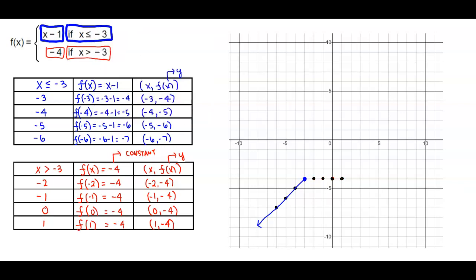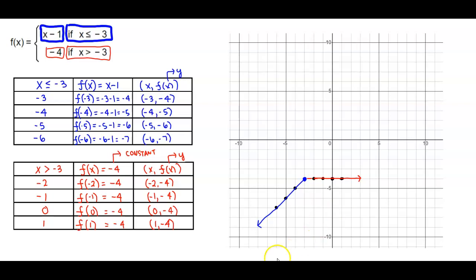Keep in mind that for this graph, it's not going to contain the value of negative 3, but in our graph, we see that it's being included for the other graph. So this is the piecewise function.